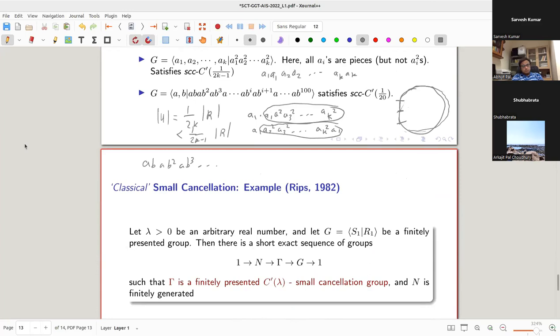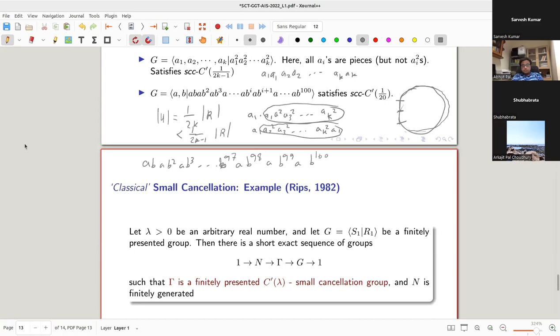So I'm writing different powers of b interjected by a. So I will finally have, say, a to the 97, b to the 97, a, b to the 98, a, b to the 99, a, b to the 100, right?